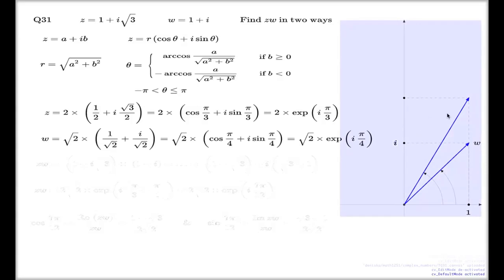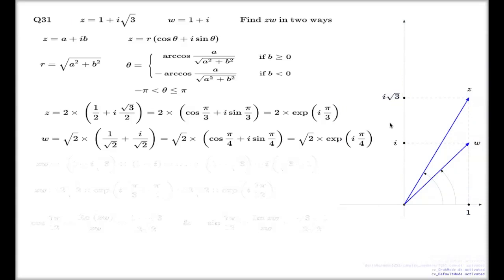The other vector is z. It has an identical real part, it's also 1. You see 1 here and 1 here. For the imaginary part, you have i root 3.